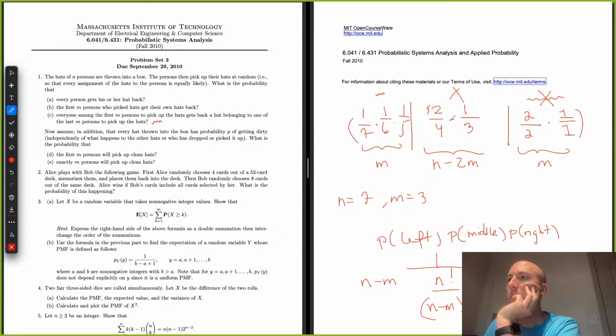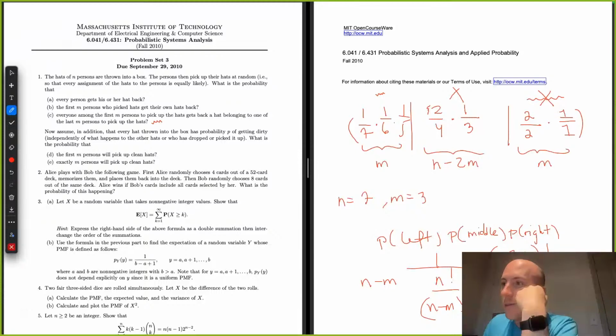this number up here is going to be some kind of factorial. So how many elements are here? Yeah, there's n minus 2m. So it's n minus 2m factorial over 4 times 3.